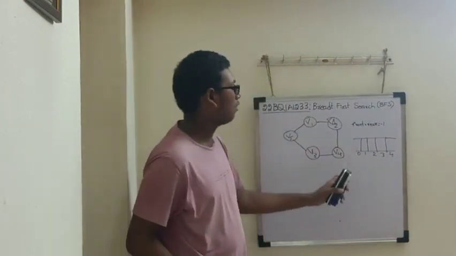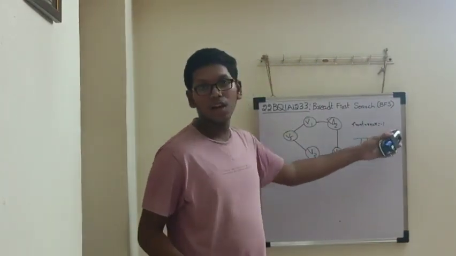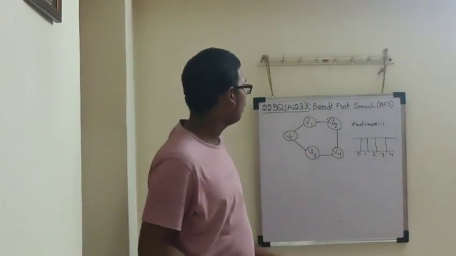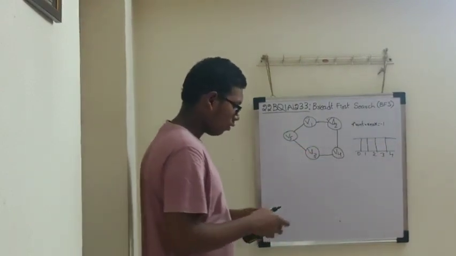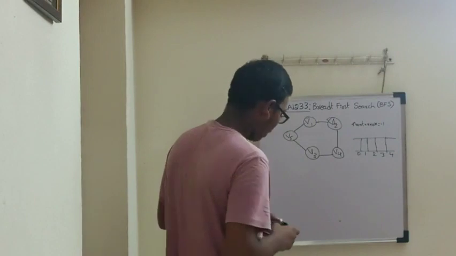So initially, as you know, in a queue both front and rear are pointing to -1. So now let's take the vertices.